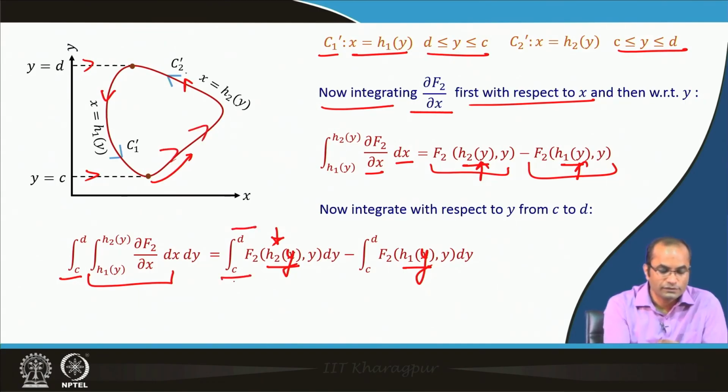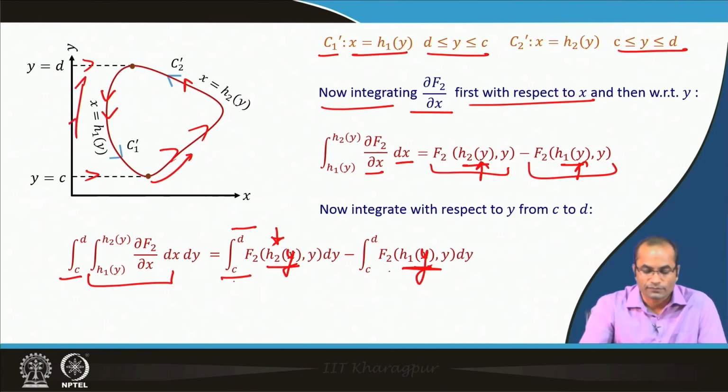along this curve C2 prime, and here we have the other situation that this first component, this x is replaced with this h1(y) and then we are integrating over this y from c to d. So, we can also now change here plus and then d to c.